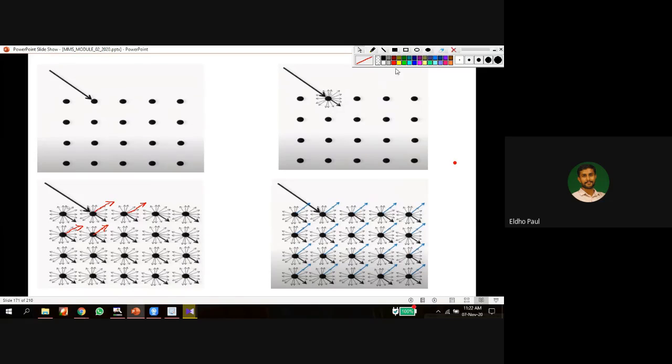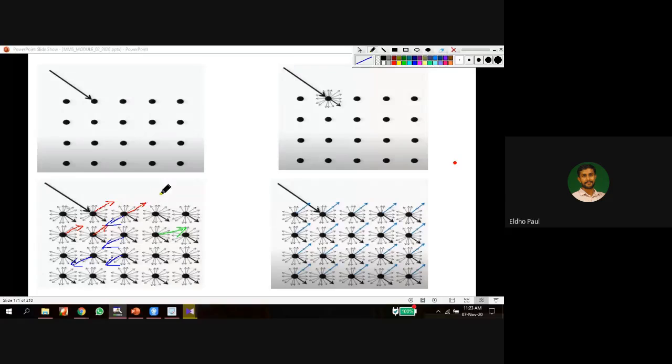But for another direction, for example this direction, the scattered beams are maybe not in the same phase, so there is no chance for constructive interference.